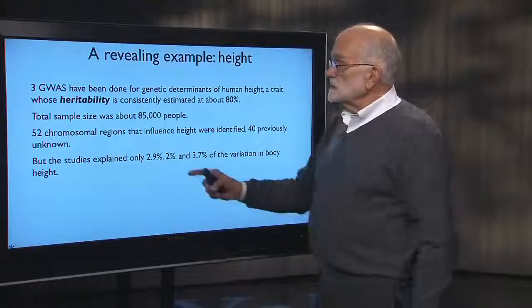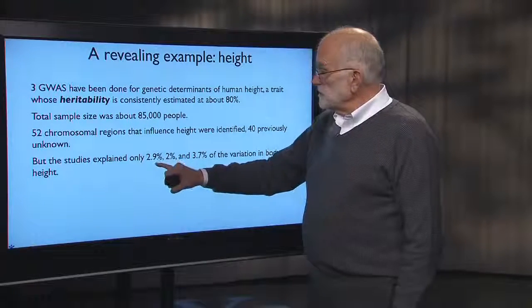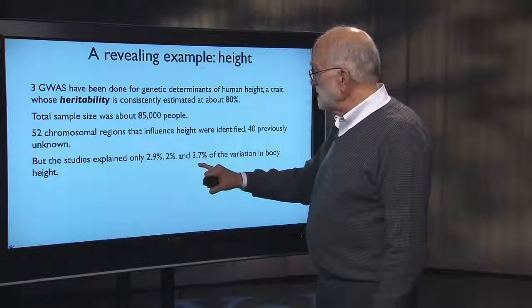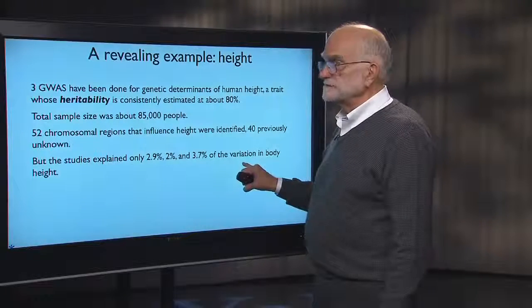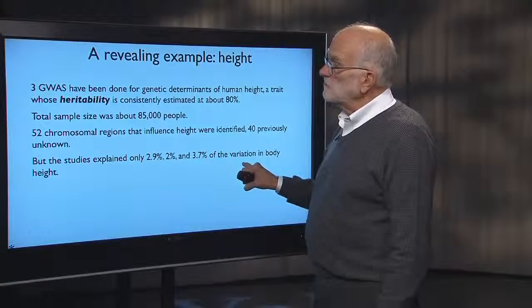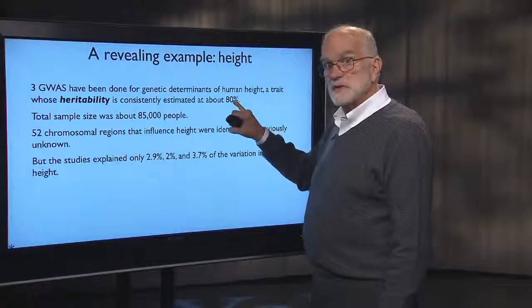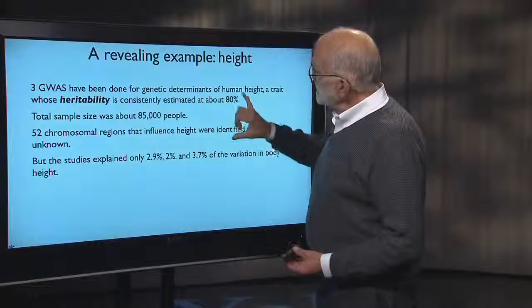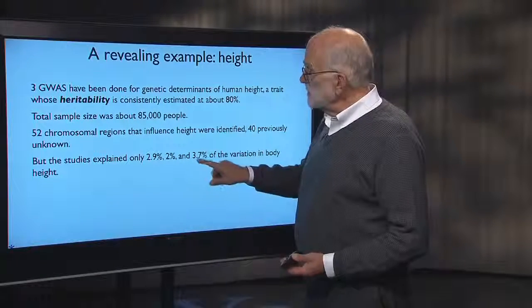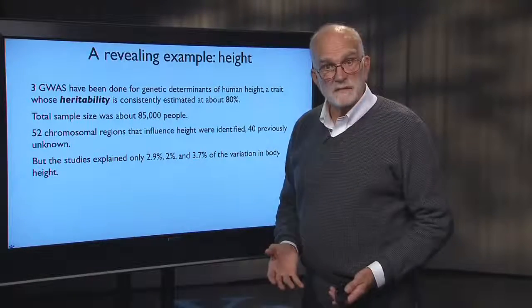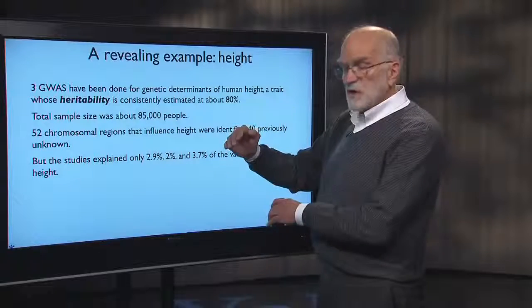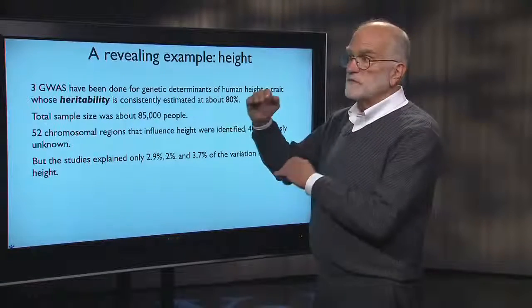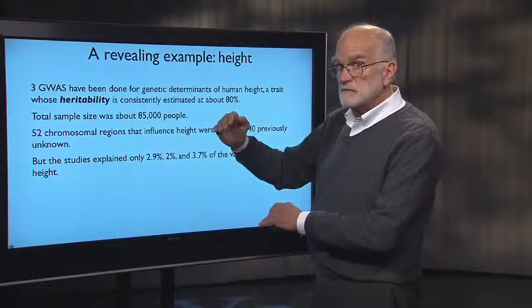But the studies only explained 2.9%, 2%, and 3.7% of the variation in body height, versus 80% that's thought to have genetic determinants. The difference between the number 80 and the number 3 is pretty big. That represents our ignorance of the genetic determination of body height.